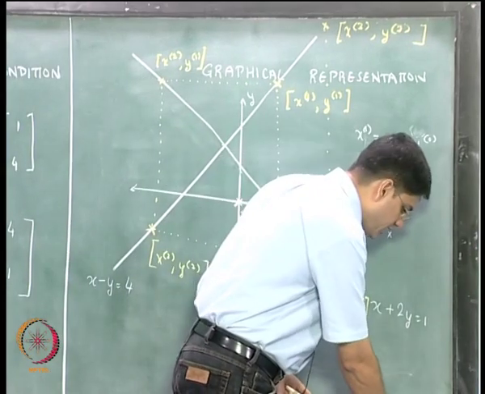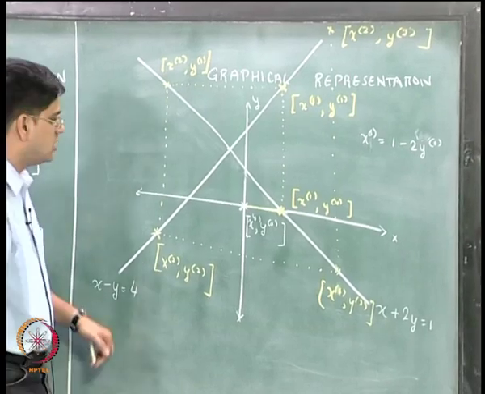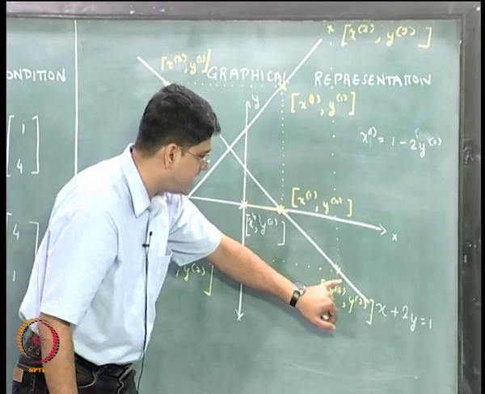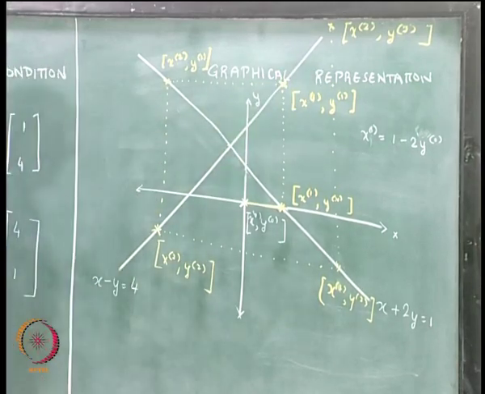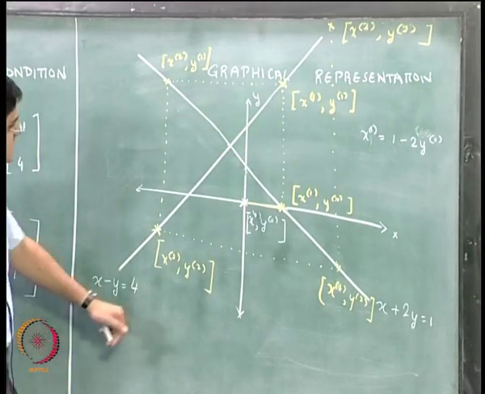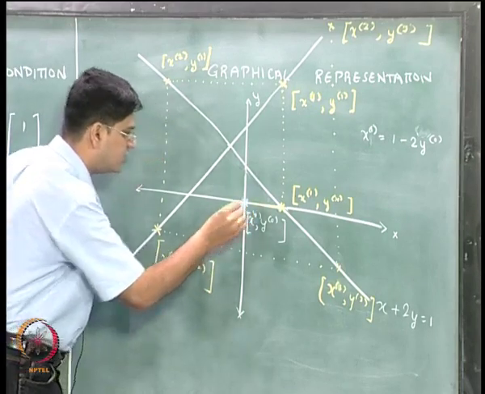Now an alternate way: we used this particular curve to get x and this particular curve to get y. How that is going to go is we start at the origin.